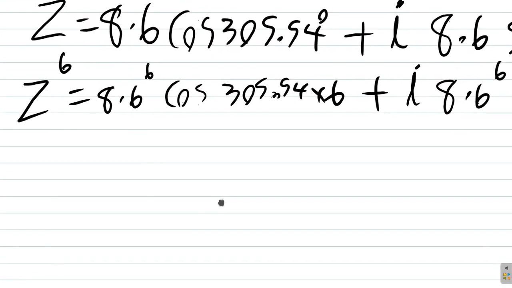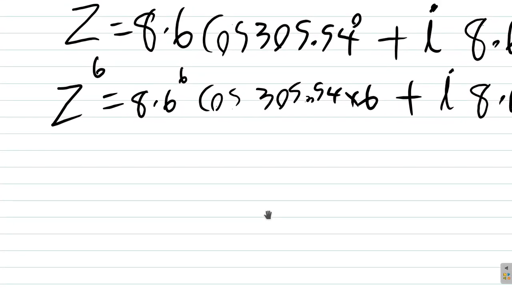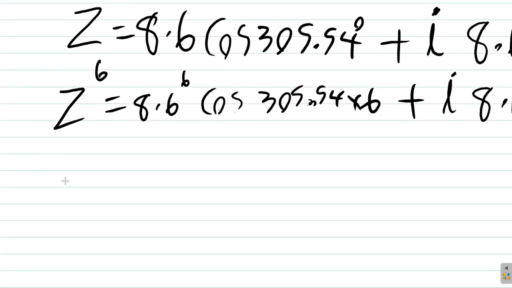So what do we get? z to the 6 is equal to, we have 8.6 to the power of 6.